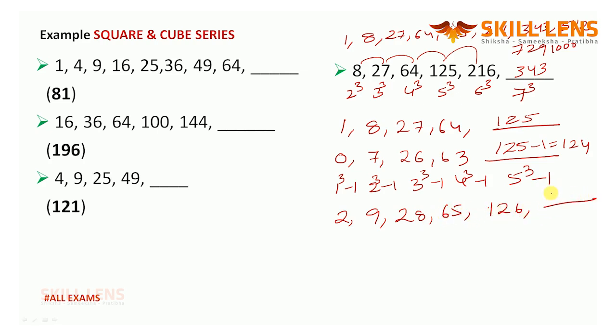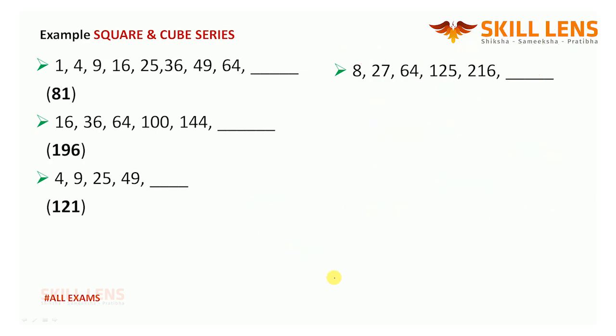So the answer is 6 cube, 216 plus 1. Your answer is 217. So it may again be n cube plus 1, n cube minus 1, n cube plus n. So this is how the series will form, and this is how you need to answer your square series and cube series.